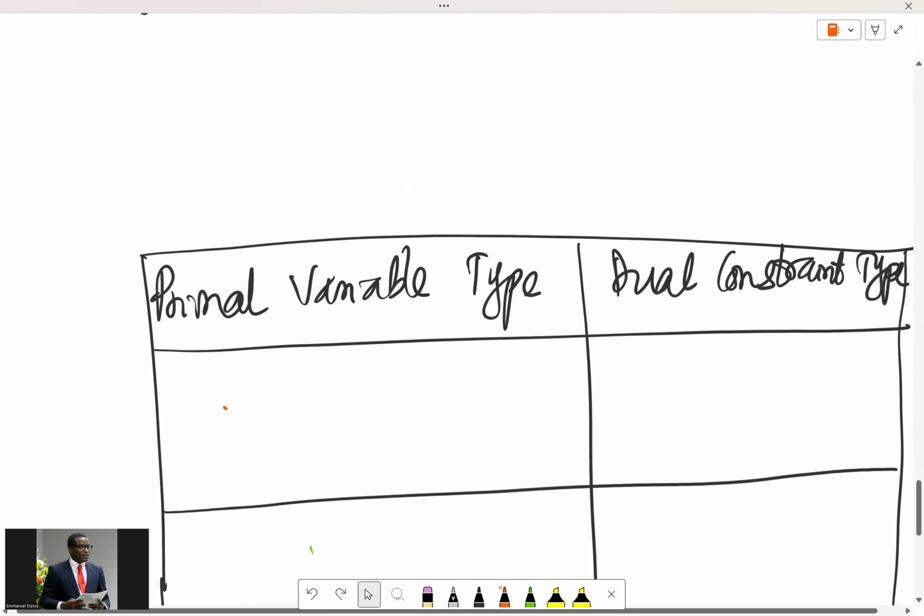So if we have xi greater than or equal to 0, we have two situations.